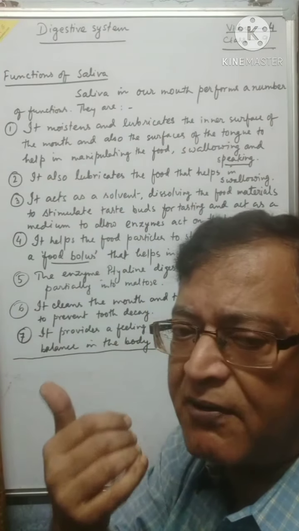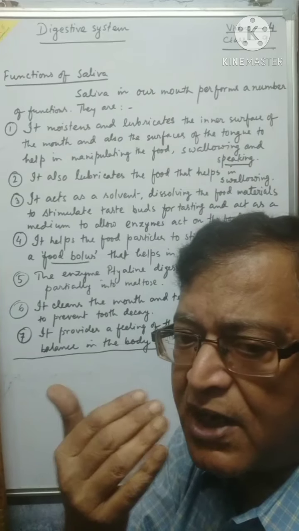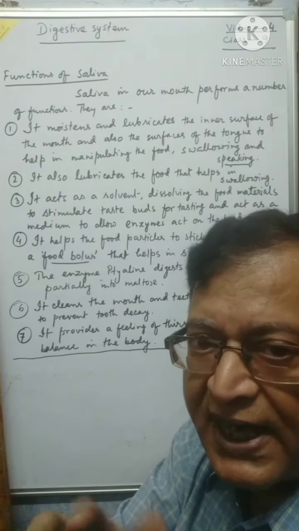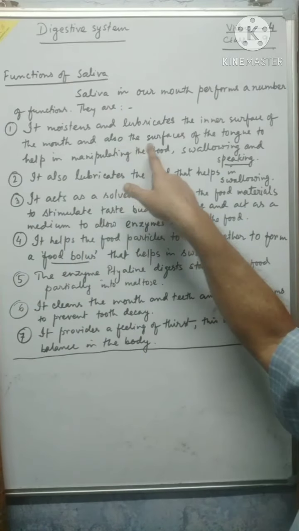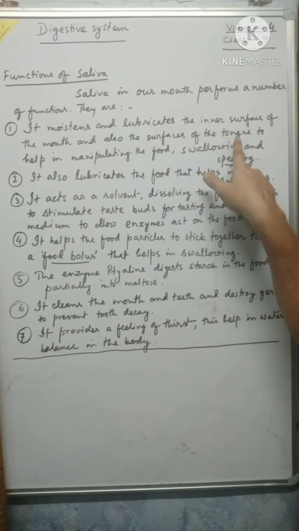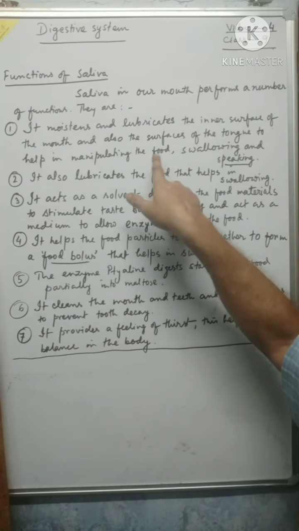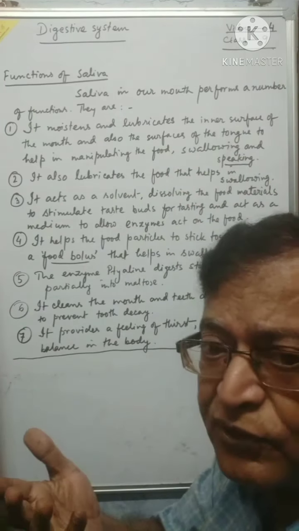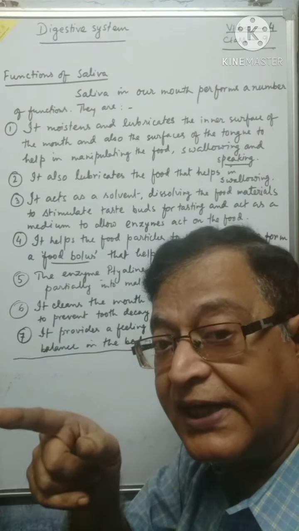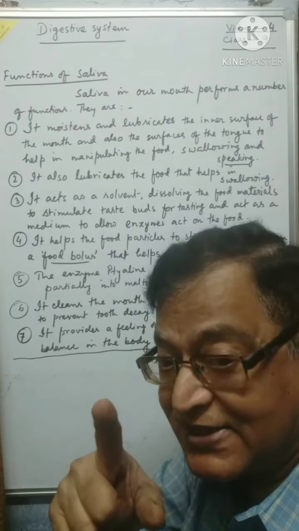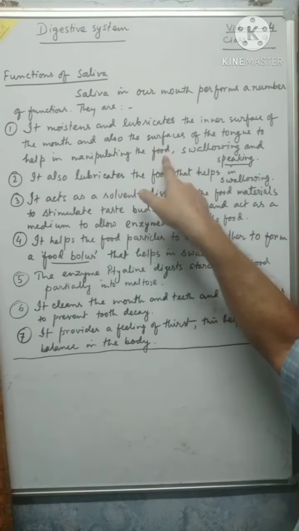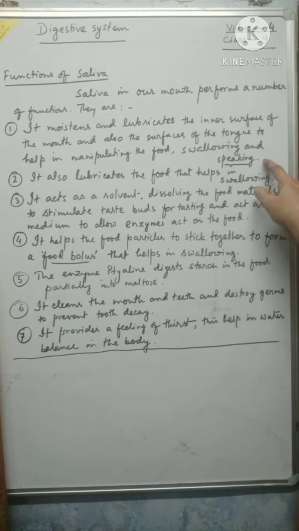We always keep the inner surface of the mouth and the tongue wet, and that is very important for the surfaces of the tongue, to help in manipulating food, swallowing food, and last but not the least, the process of speaking.